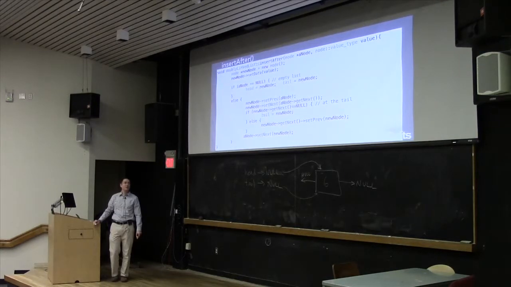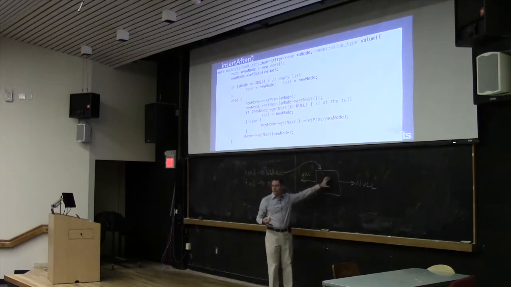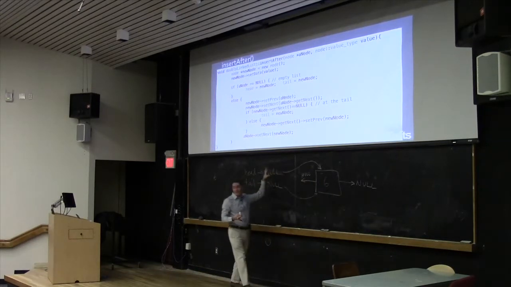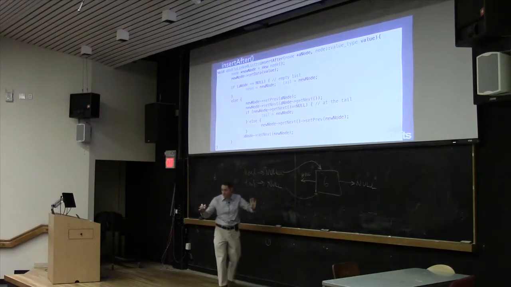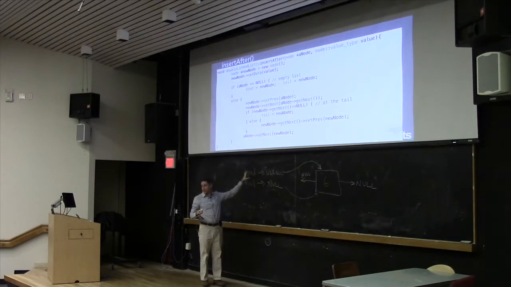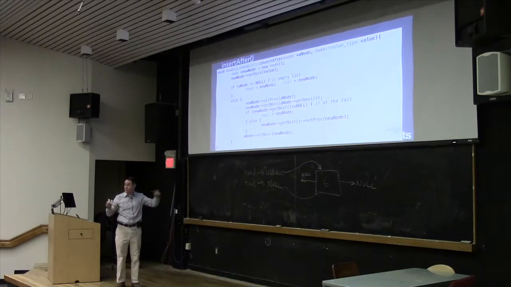Well, yes and no. By the way, the node doesn't know anything about the fact that it's a head or not, except that it's got a null pointer in one direction. That's all it knows. The head pointer is pointing to some node, and it happens to be that one. There's no other information. Yes, there's three parts to it: the data, and then there's a next pointer and a previous pointer. So that's what it's got.